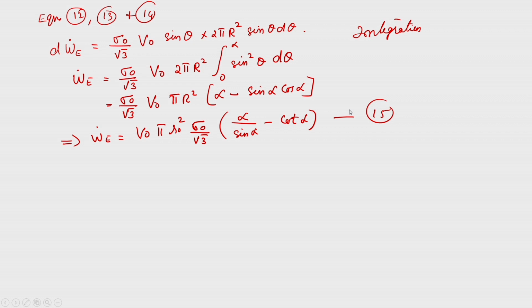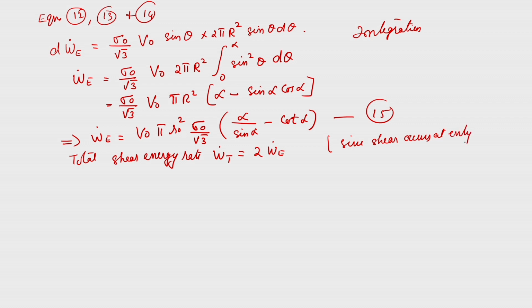So, since it is taking place twice, the total shear energy rate W dot T is equal to 2 W dot E, since it happens at entry and exit to the die.